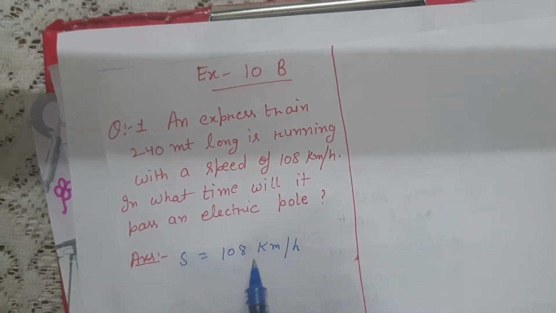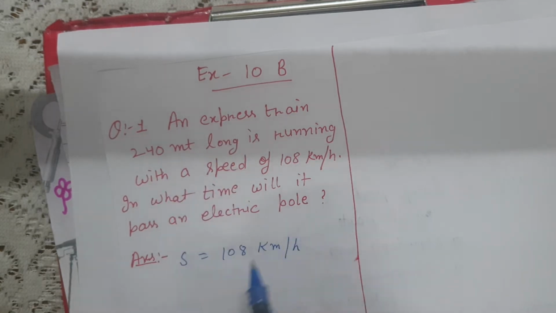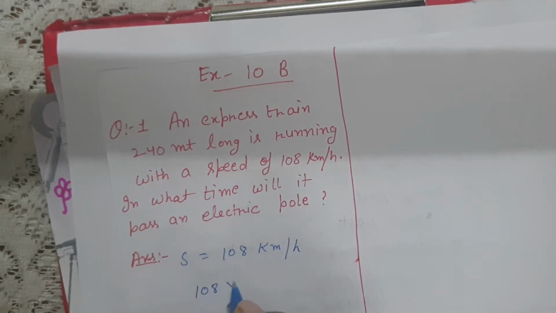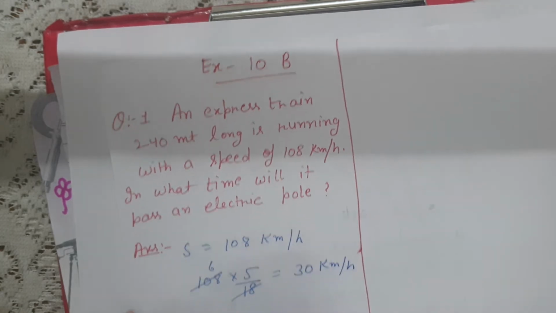First of all, we will convert kilometer per hour into meter per second, so we multiply 108 into 5 upon 18. The speed is 30 meter per second.